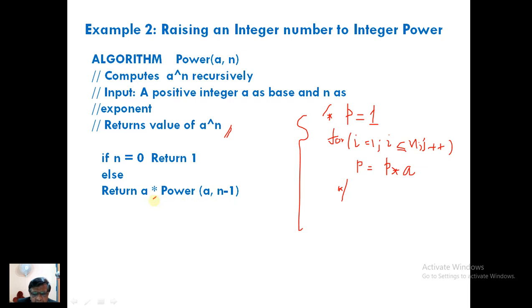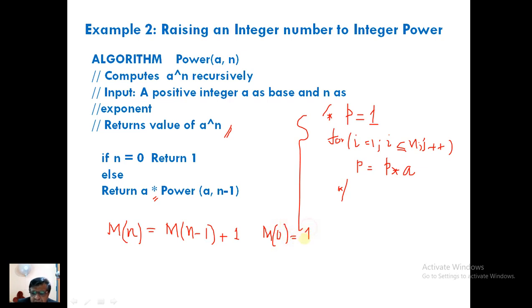Here the basic operation is multiplication. Therefore, the basic operation count as a function of the exponent n is M(n) = M(n minus 1) plus 1 multiplication, before the function is called.